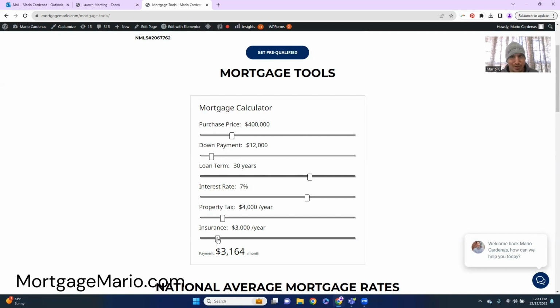And that's where sometimes the interest rate doesn't always win when you look at the principal, interest, taxes, and insurance payment. Sometimes you might have a lender that provides a slightly higher interest rate, but with PMI they might only have a 0.2% or 0.25% MI factor.